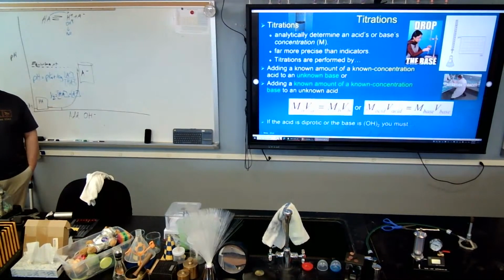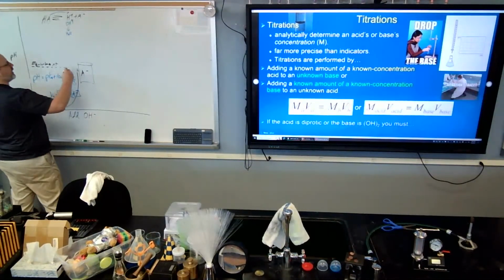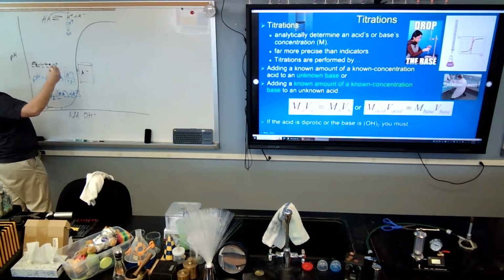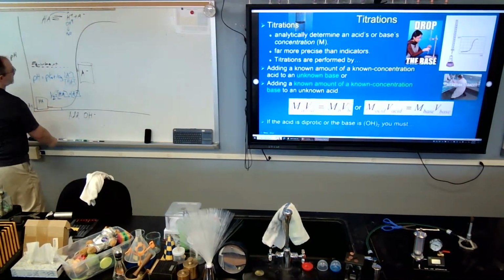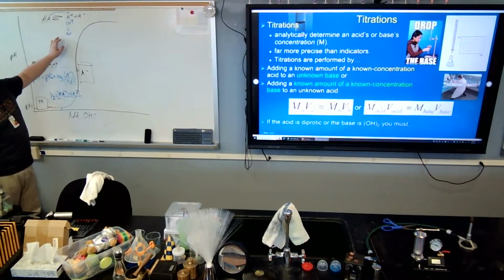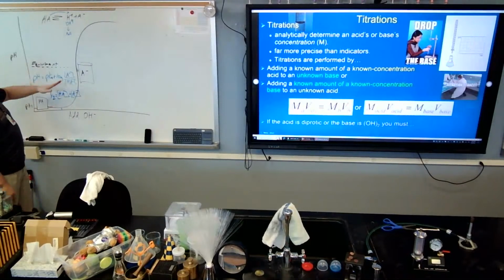Sound familiar? Okay. After the equivalence point, we're just dumping hydroxides into solution. And the graph does this, and because once again it's logarithmic, 1 drop of hydroxide brings the pH up by 1, 10 drops by 2, 100 drops by 3, 1,000 drops by 4, 10,000 drops by 5, and so on. Okay, so this is the acidic area, this is the basic area.